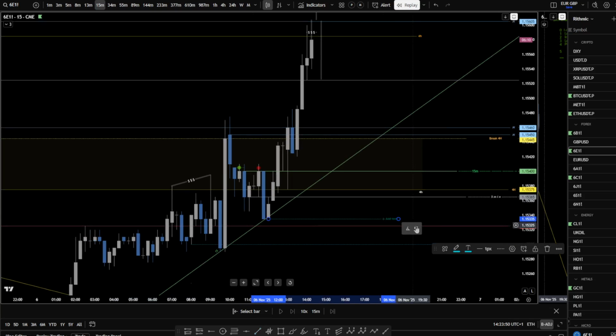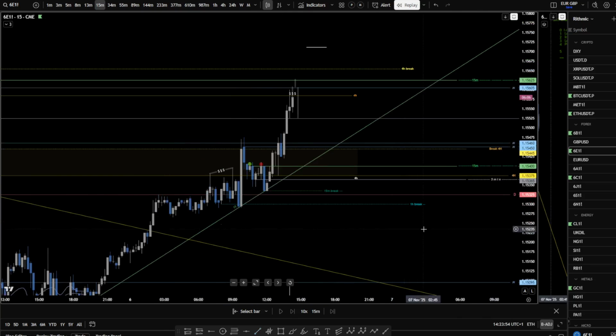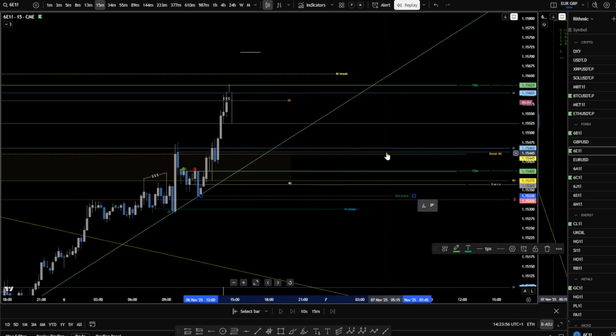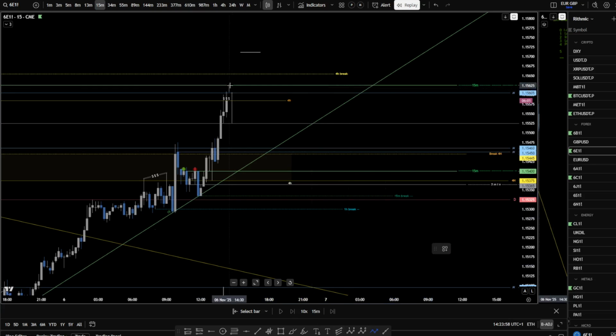And this break level also. So now if the price decides to induce this, break this 15 minute, there is an hourly right here.